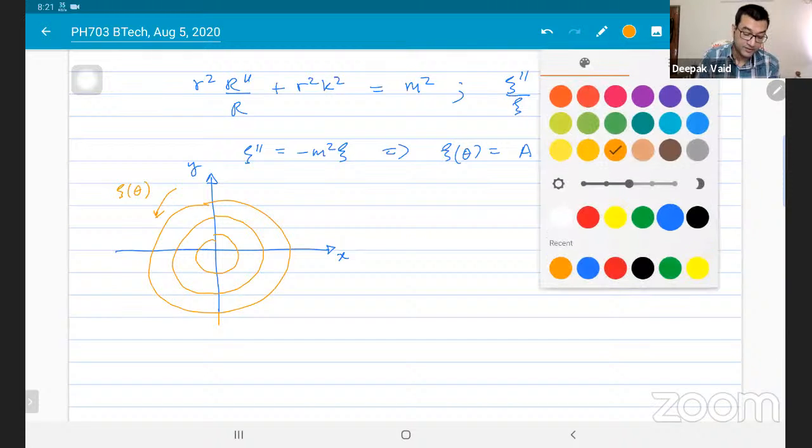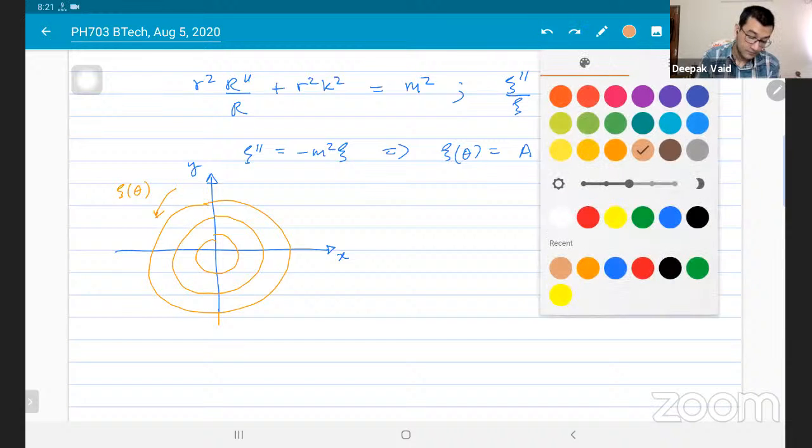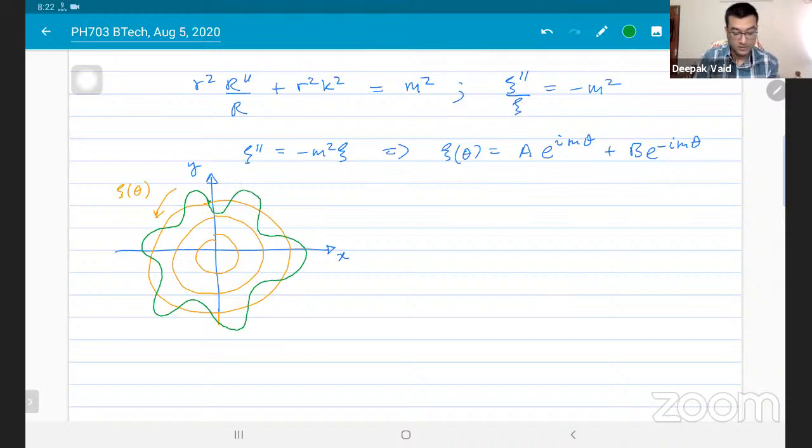You get standing waves. You have to get standing waves.